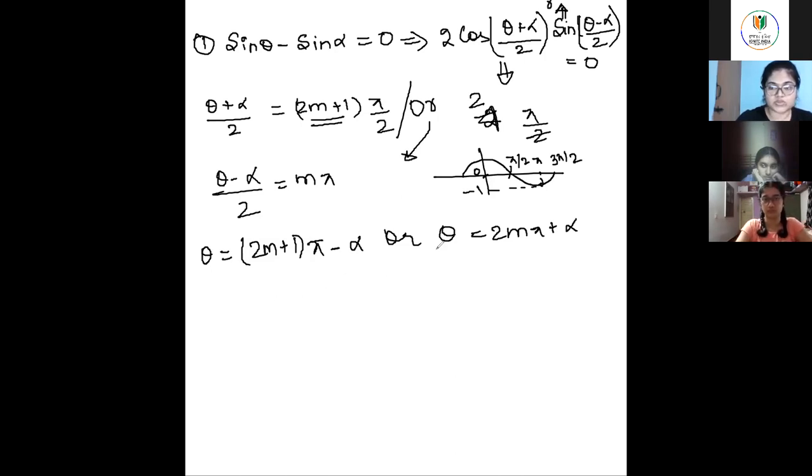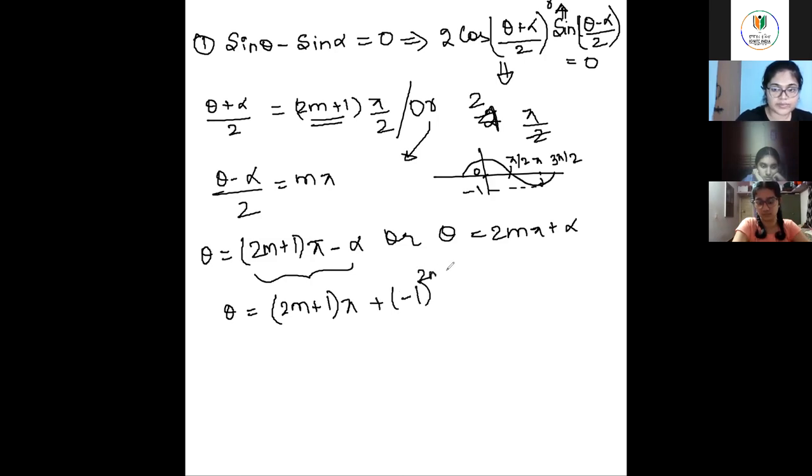Okay, so combining this, we can write this as theta is equal to (2m plus 1) pi plus (minus 1) to the power (2m plus 1) alpha, or this one we can write as 2m pi plus (minus 1) to the power 2m alpha.